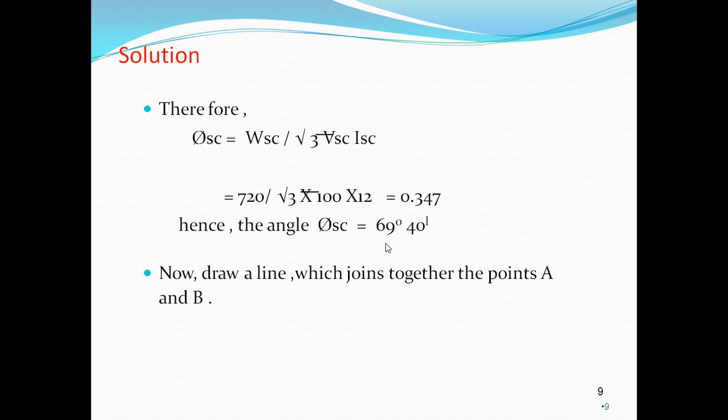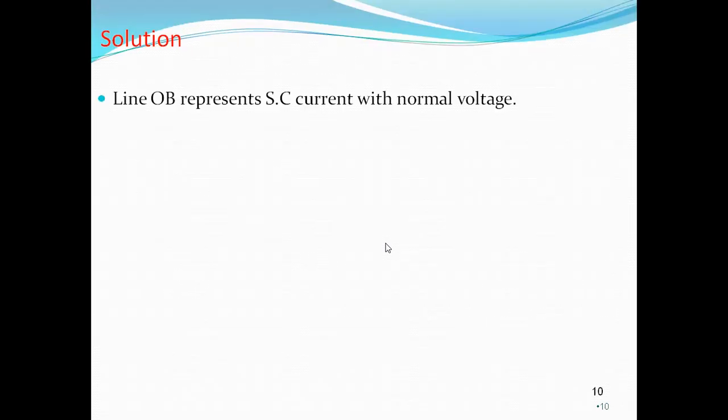After drawing OB, join A and B. So here, how much is OB? In the problem he has given 82 amps, which is nothing but 24 centimeters. So OB is equal to 24 centimeters.